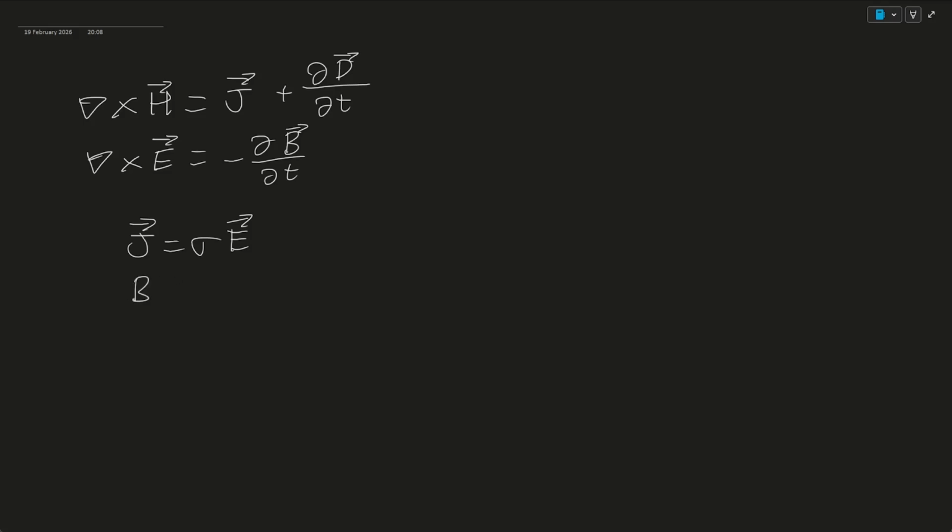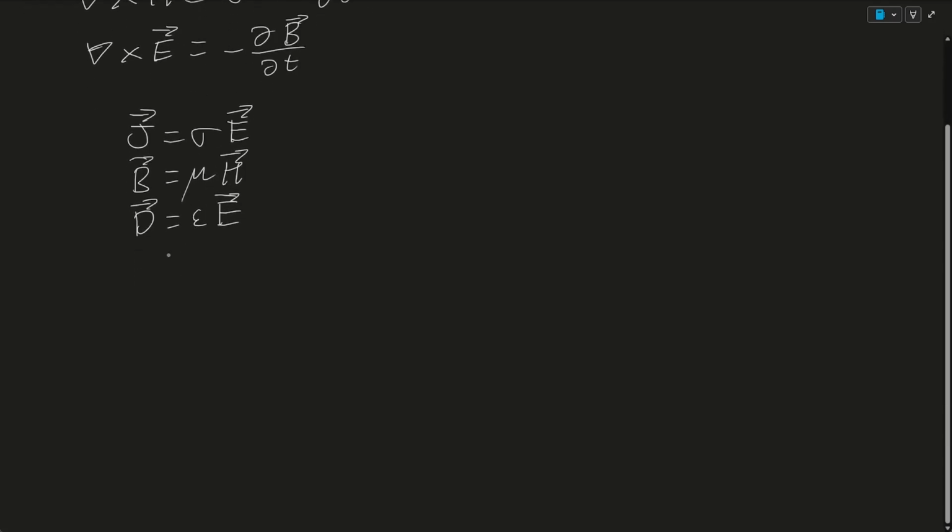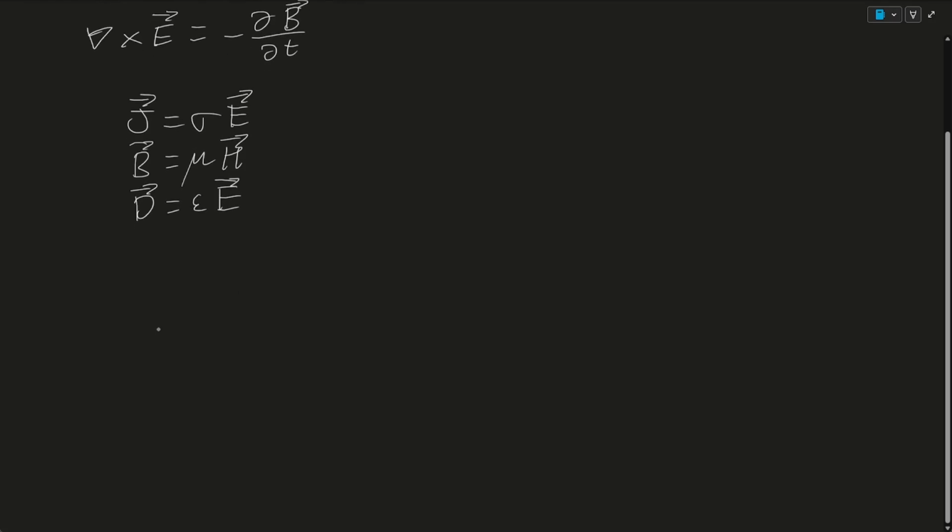Then B equals mu H and D equals epsilon E, where mu is the magnetic permeability and epsilon is the electric permittivity. I don't really like writing my epsilons like that.